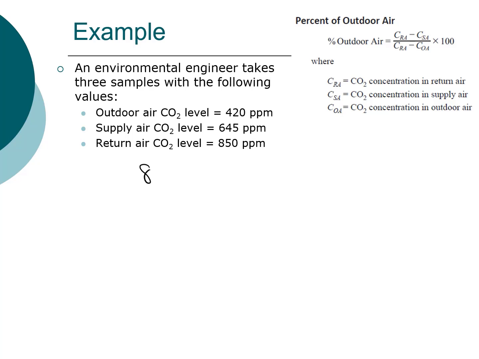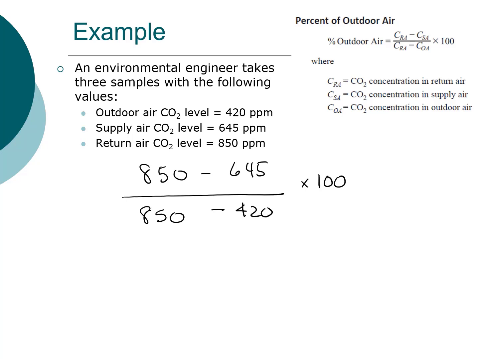The percent outdoor air is just the concentration of CO2 in the return air minus the concentration in the supply air, divided by the concentration in the return air minus the concentration in the outdoor air, and we'll multiply that by 100 to get percent, and that is 47.7%. So that is the correct answer there.